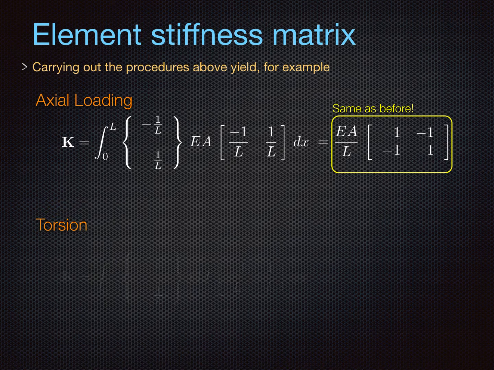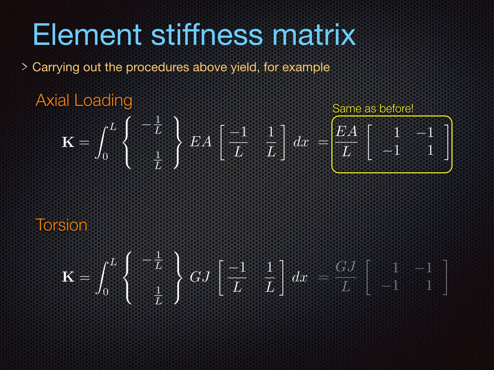In the torsion problem, the case is similar. Our torsional stiffness is just GJ over L times this matrix. And again, that's the same as before. And the reason is that we are using the exact shape functions for these two problems involving a truss and a shaft that is loaded only at its end, and that is prismatic.